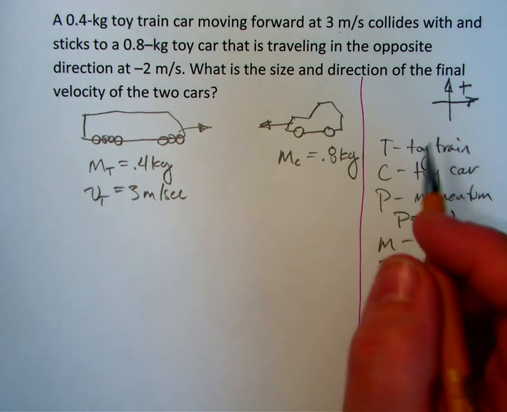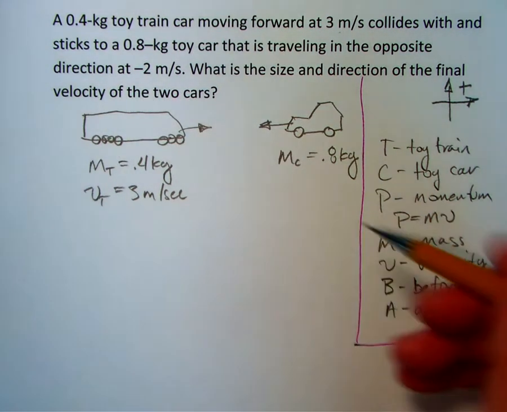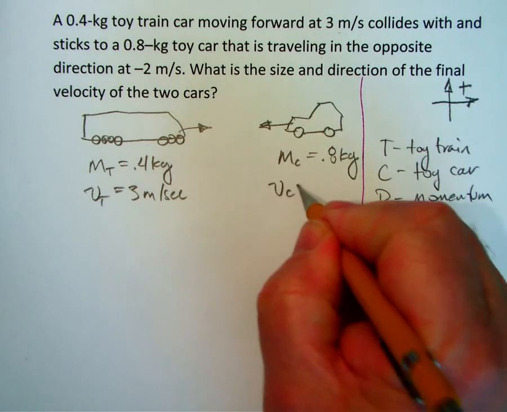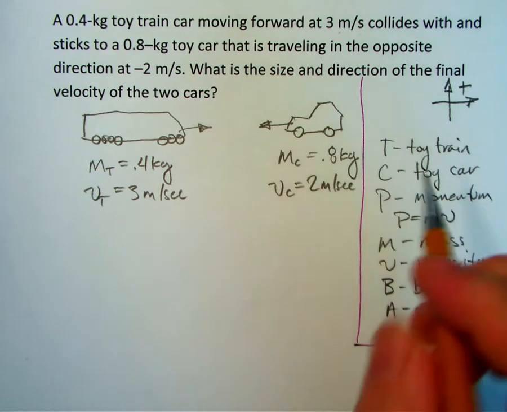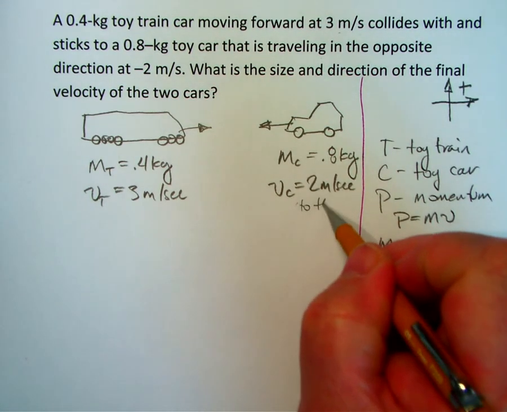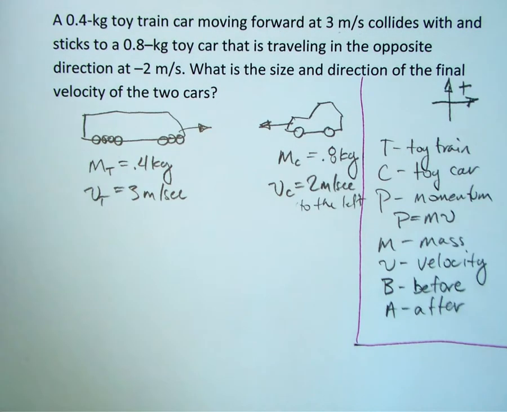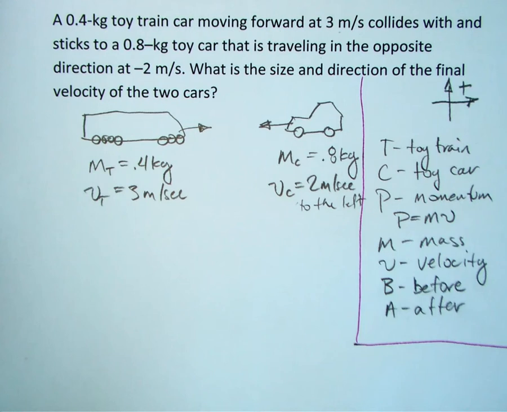You just have to be clear and understand it, and if you're communicating that in your solution, then you're going to be right. So the velocity of the car is 2 meters per second, and we can say to the right or to the left to be clear if we want. But we're really going to deal with that in the signage of our problem.